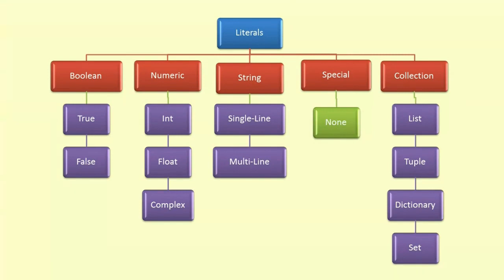Those are Boolean literals, numeric literals, string literals, the special type of literal None, and collection literals. In this video, we will learn in detail about the Boolean, numeric, string and special type of literals. I will explain collection type of literals in other videos as an altogether separate topic.